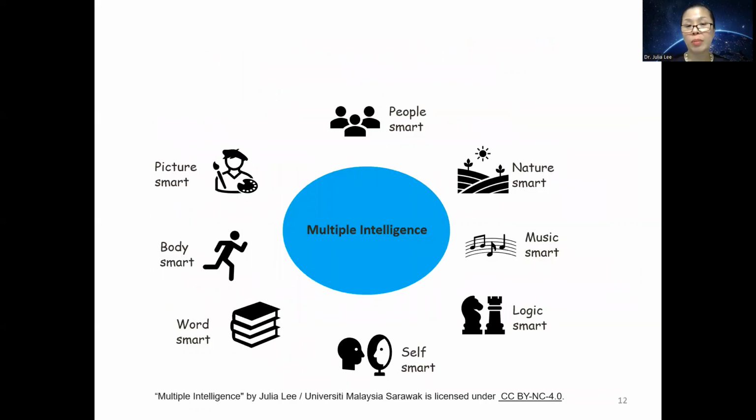This particular diagram here, I think, is very useful for those who have not been exposed to multiple intelligence theory, as these diagrams actually are self-explanatory. People smart, nature smart, music smart, logic smart, self smart, people who know themselves very well, word smart, which refers to linguistics intelligence, body smart, bodily kinesthetic intelligence, and picture smart, visual spatial intelligence.